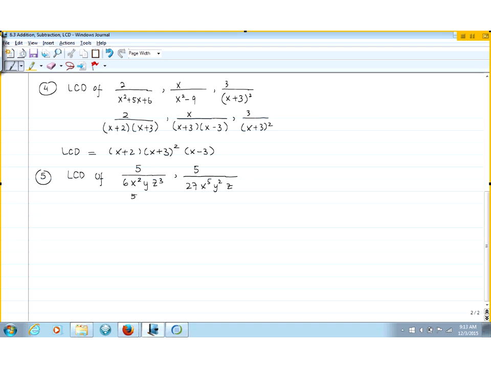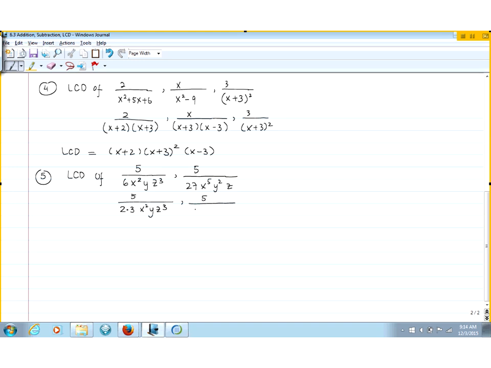So let's factor out the denominators. What is 6? 2 times 3. So the first is 2 times 3 times x squared y z cubed. For 27, can we write the prime factorization?